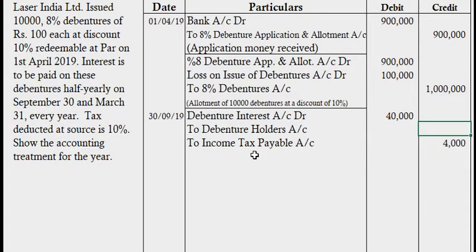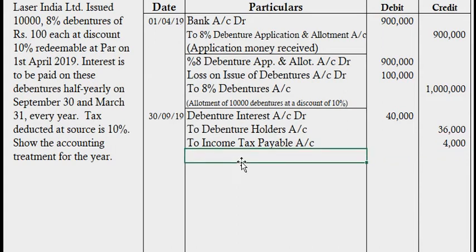Then the company will pay interest to the debenture holders after deducting this tax amount, that is 40,000 minus 4,000, which becomes 36,000. Now the company is payable 36,000 rupees to the debenture holders in the form of interest. So we can write the narration: interest due for 6 months at 8%.